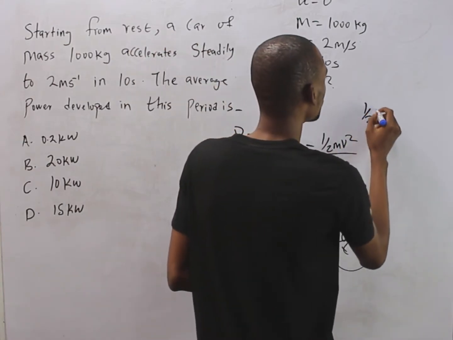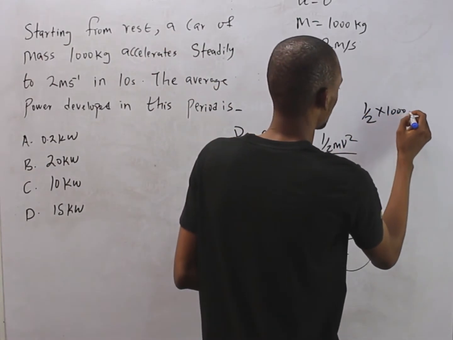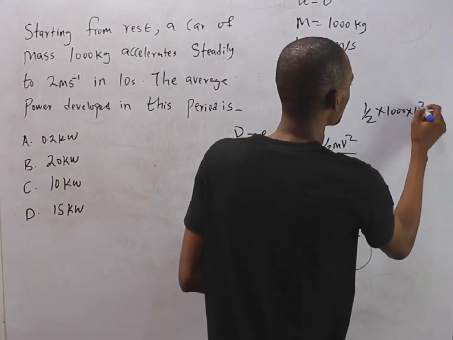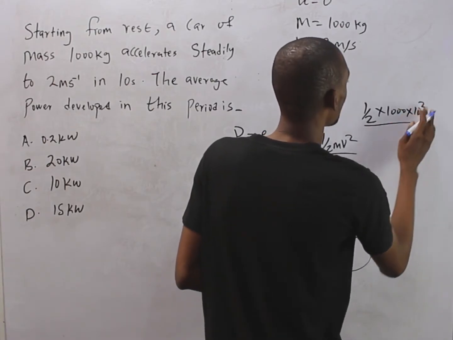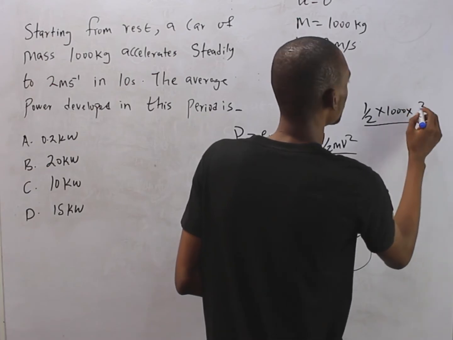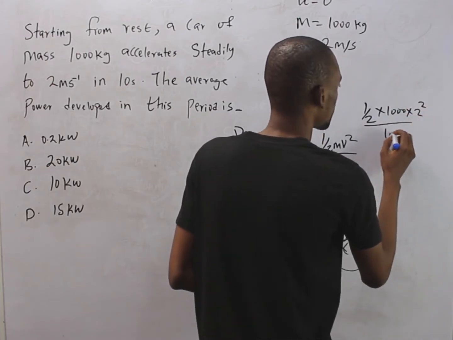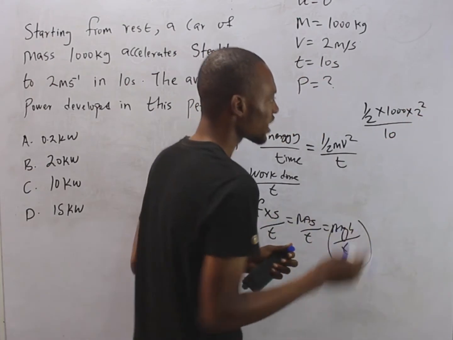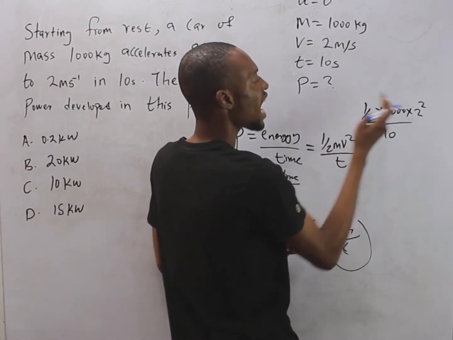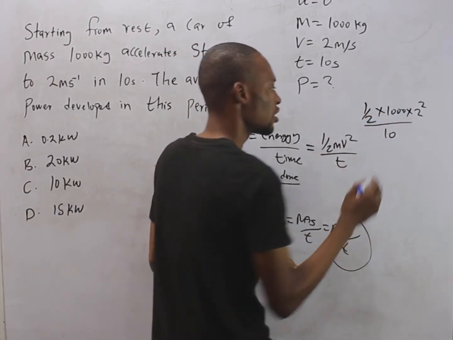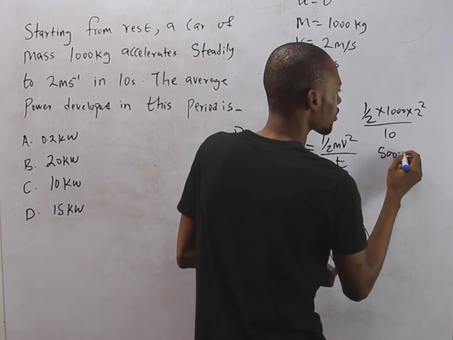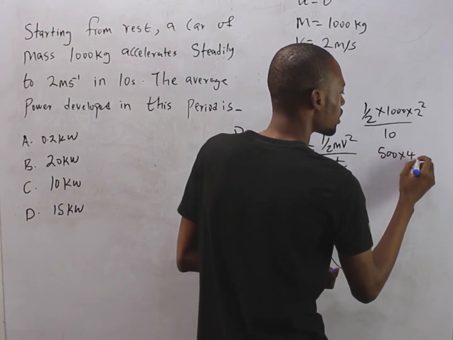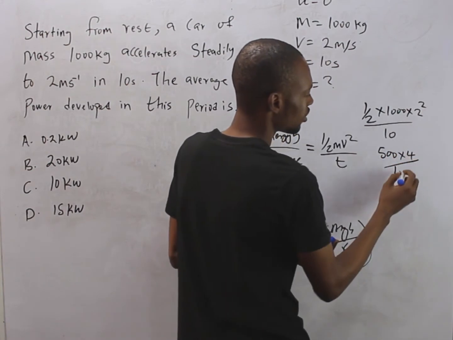Half, 1 over 2, times 1000 times 10 squared, all over, v squared is 2 squared, all over 10. We can simplify here. Half of 1000 is 500. So 500 times 2 squared is 4, times 4 over 10.